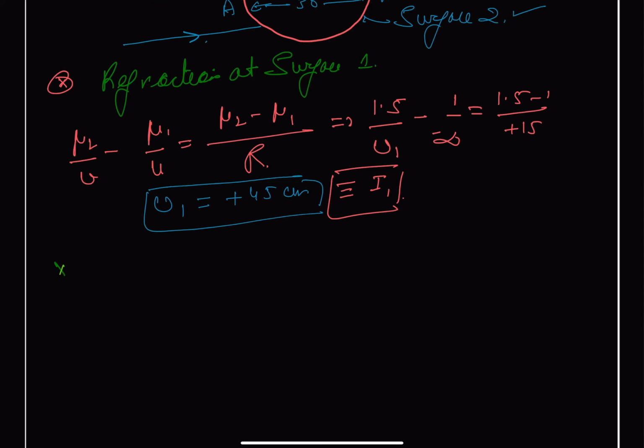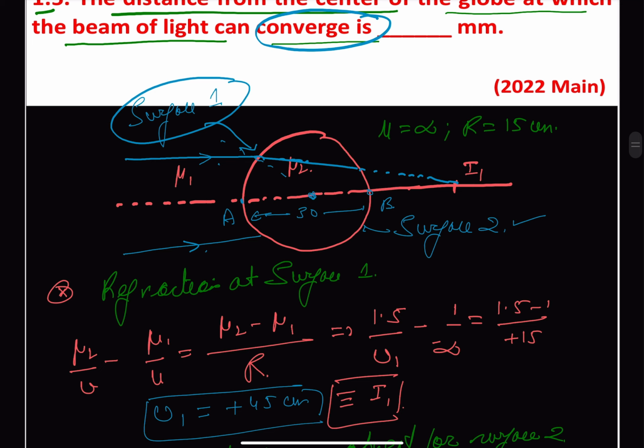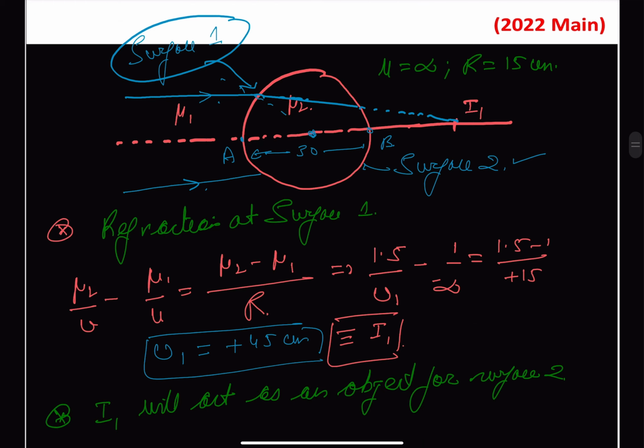So you can say that our I1 will act as an object for surface 2. And here the distance is 45, so this distance will be our 45.